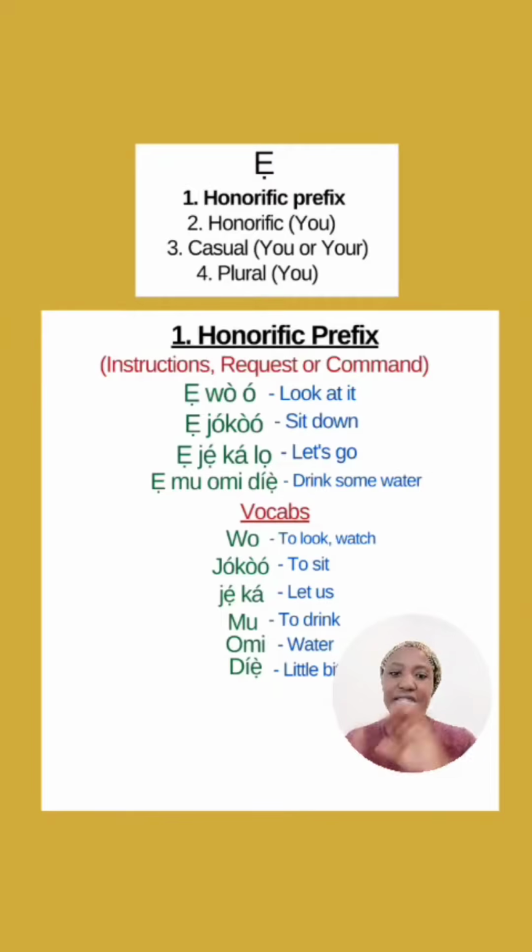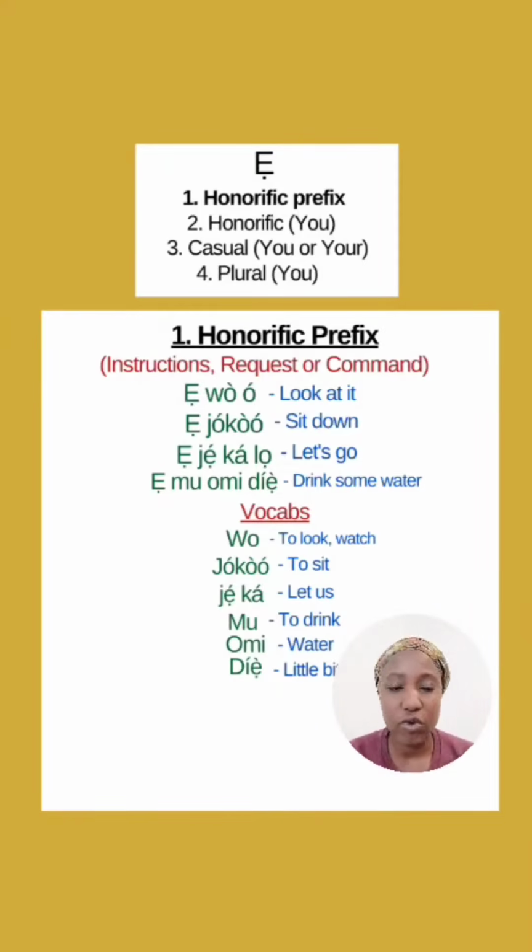Rather than changing the entire meaning of the word, it actually changes the politeness level of the word. So that is what e stands for when it is used as honorific prefix.